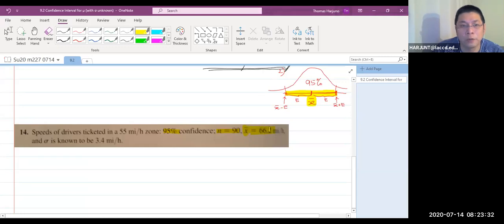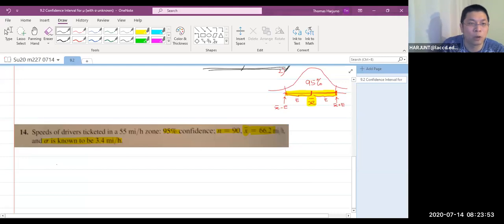Here, sigma is known to be 3.4 miles per hour. What we need to do is construct a 95% confidence interval for the average speed of drivers ticketed in that speed zone.